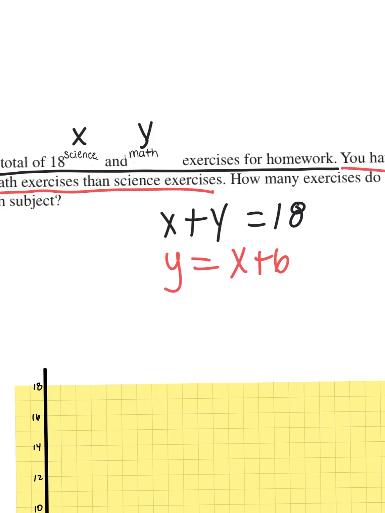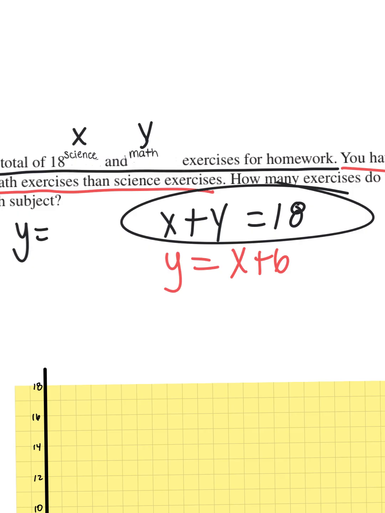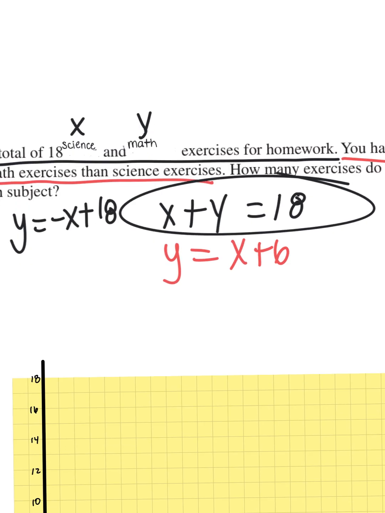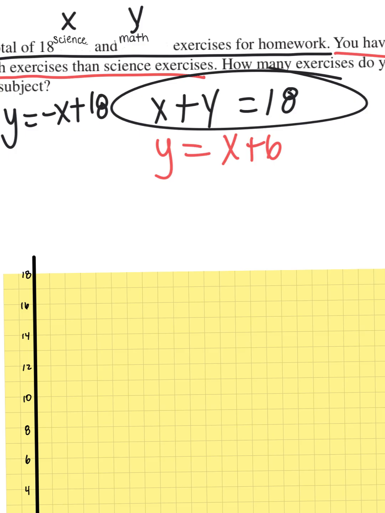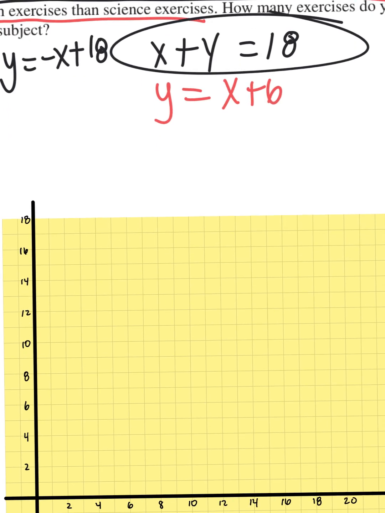Now we're going to graph both of those, but the first one, I need to convert to slope-intercept form. So I'll subtract x on both sides on this one. All right, so the first one, the y-intercept is 18.